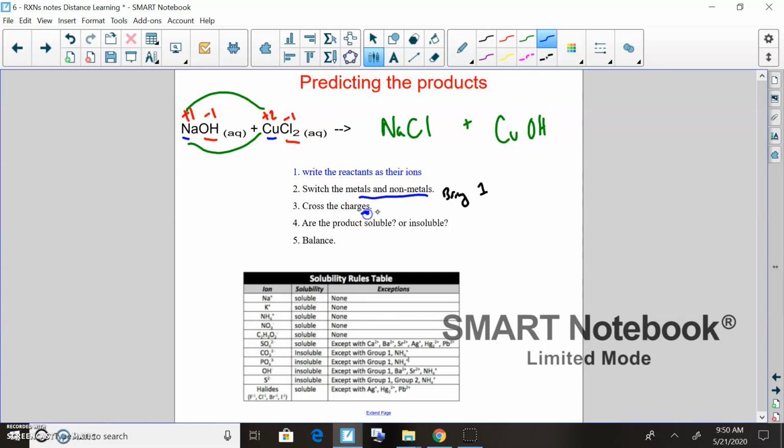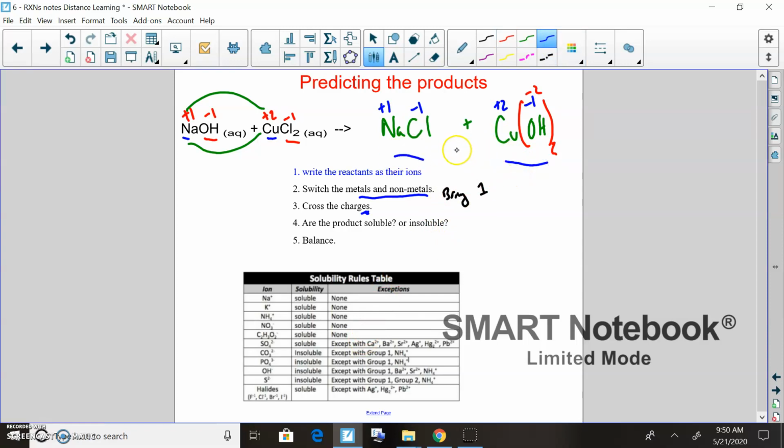The next thing we want to do is make sure our charges cancel out. So bring the charges, +1, -1, +2, -1. Now I've got to crisscross the charges because we need to make the charges right. The next thing I do is look at my solubility chart.